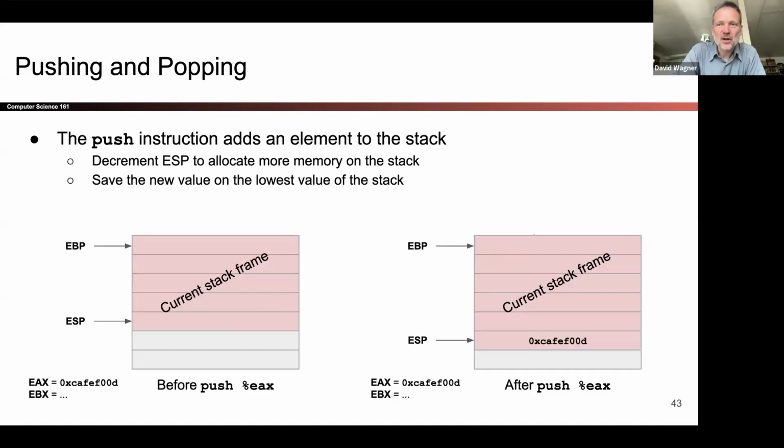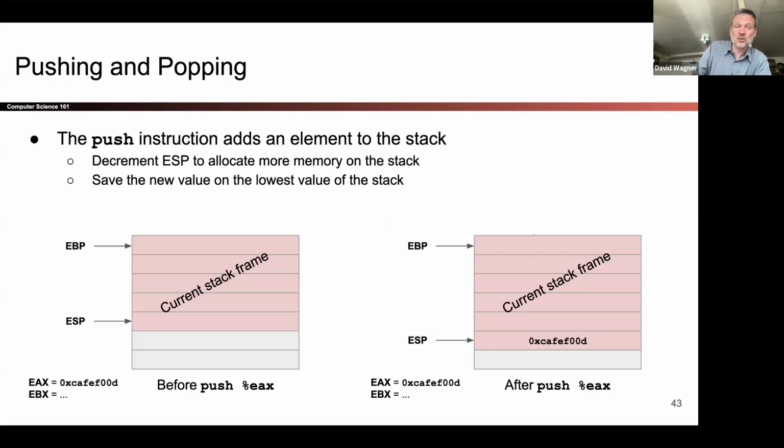Okay, so there's a push instruction and a pop instruction, which are used for managing the stack frame in the stack region. The push instruction adds another element, another word, to the stack. Stacks grow down to lower number addresses, and the ESP stores the current bottom of the stack.